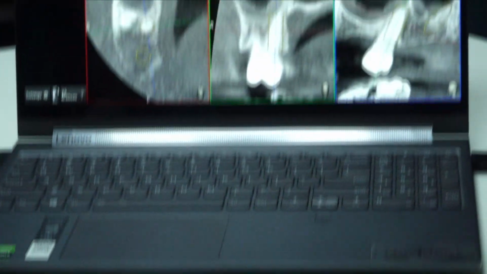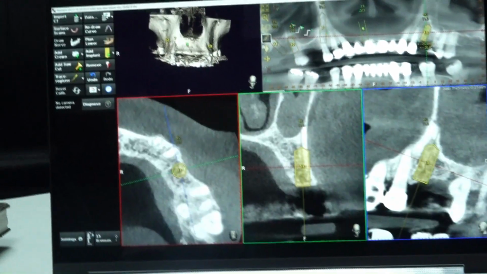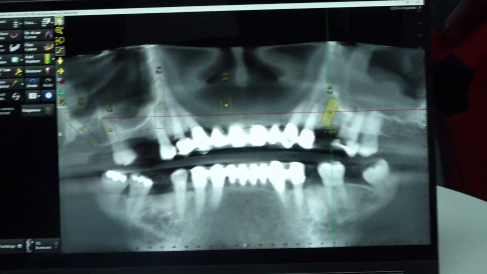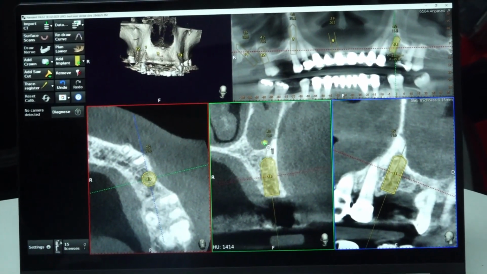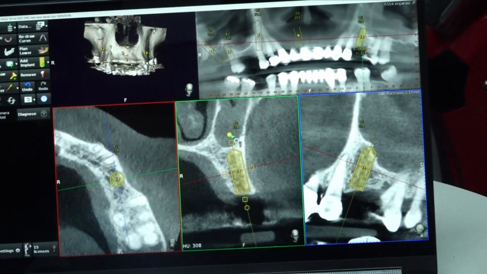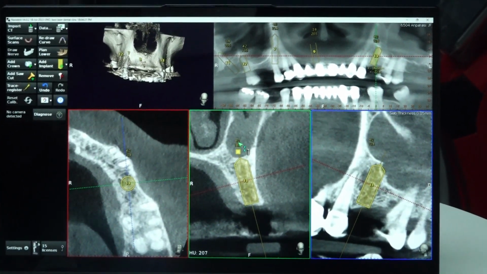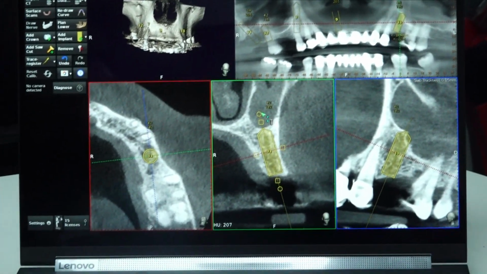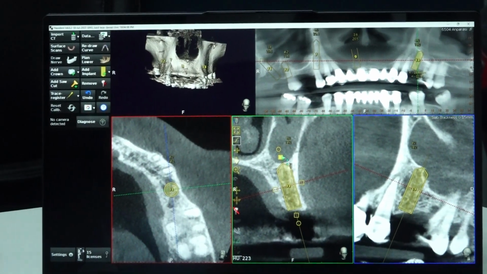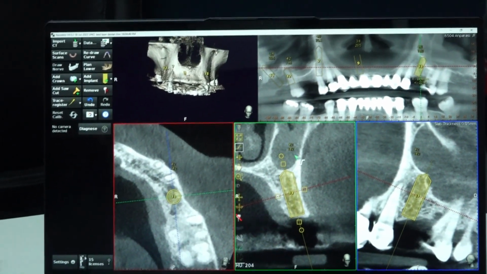Now we will plan for the left side. Left side second premolar is a healed area, right? Okay, so here the bone height is good, about 14 mm.